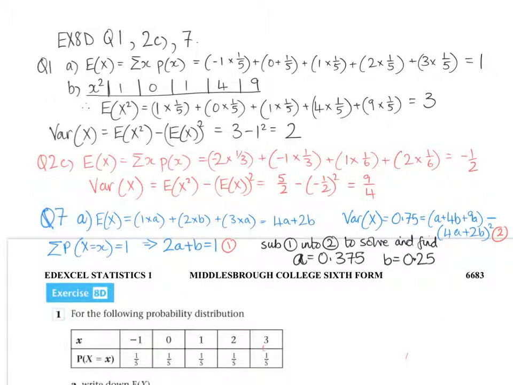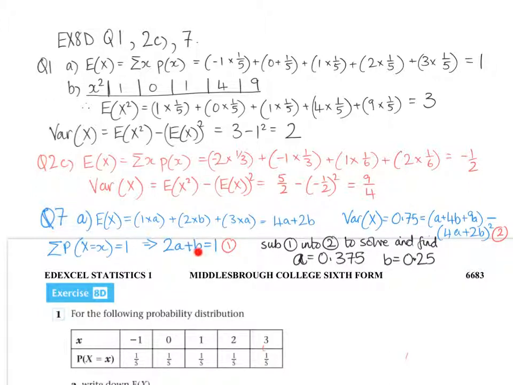Question 7 was exam type standard, where you have got unknowns involved, and you've got 2 unknowns, so you're expecting to be able to form 2 equations. One is from all the probabilities adding up to 1, and the other one is being able to work out the variance, because you were given that in the question as 0.75.